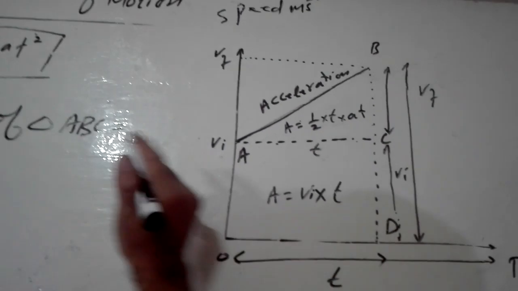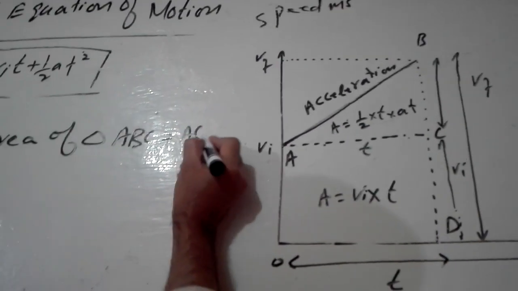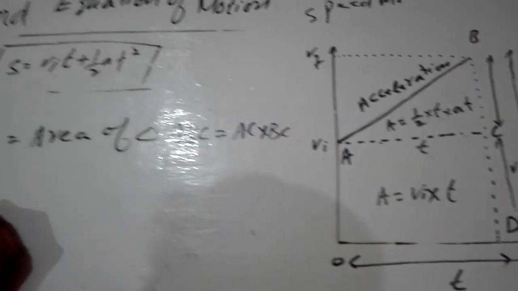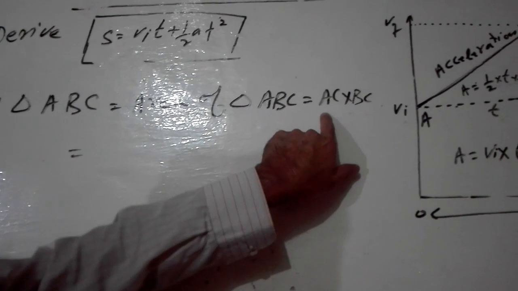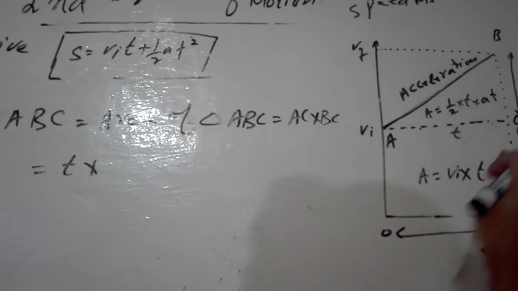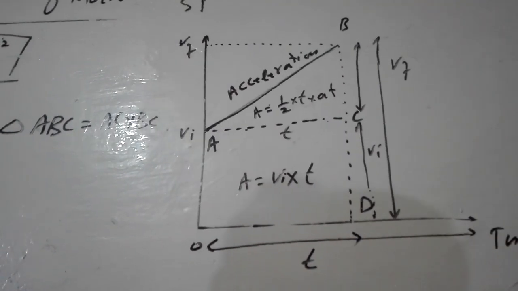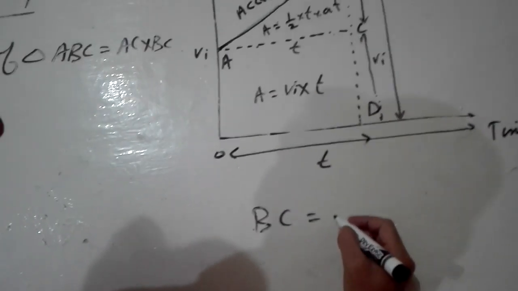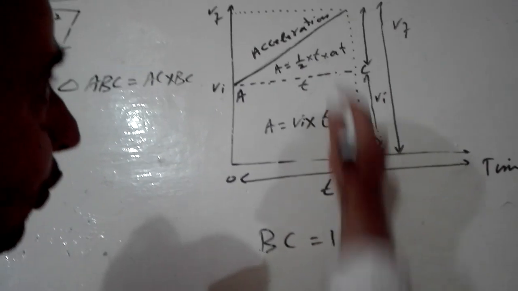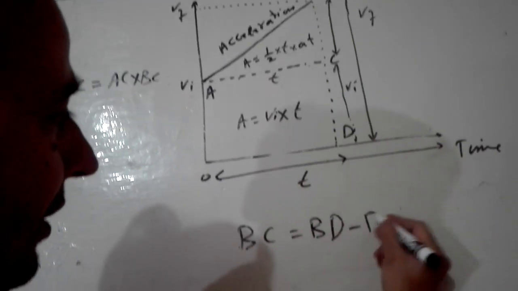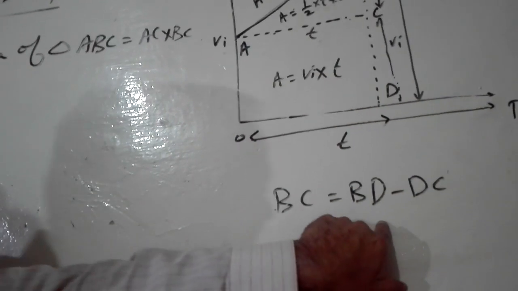Base is here AC. And what is the height? Height is BC. Now you have to put the values. What is the value of AC? Value of AC is equal to T. And what is the value of BC? You have proved it in the previous equation. Value of BC is BD minus DC.